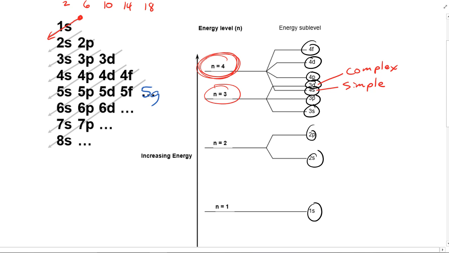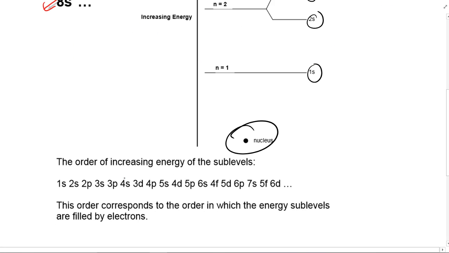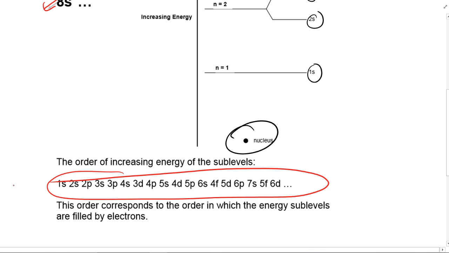We first fill the 1s, then the 2s, then the 2p and the 3s, then the 3p and the 4s, 3d, 4p, 5s, 4d, 5p, 6s, and so on. So this right here represents the order in which those sublevels are filled. And if we wrote that order out, this is the order we wind up with down below.